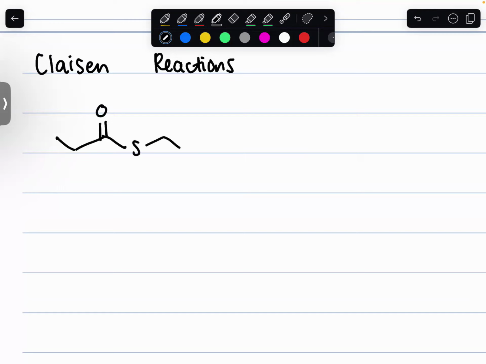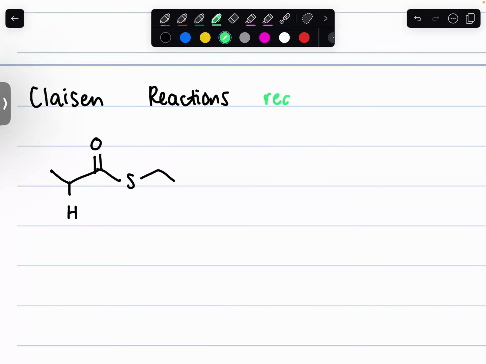A thioester basically just means that you have that double bonded oxygen and a sulfur attached to the same carbon. Claisen reactions require an ester of some kind and base.